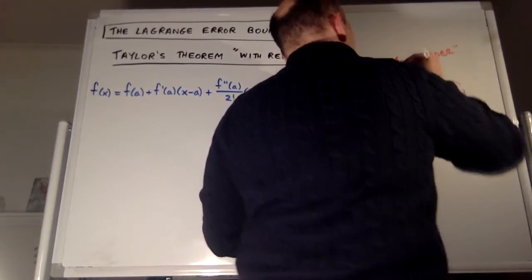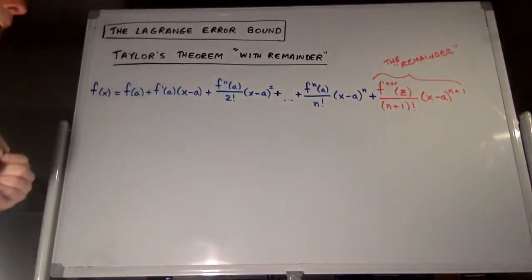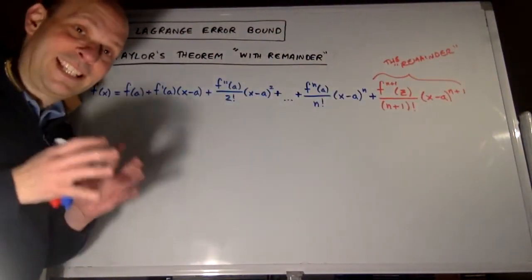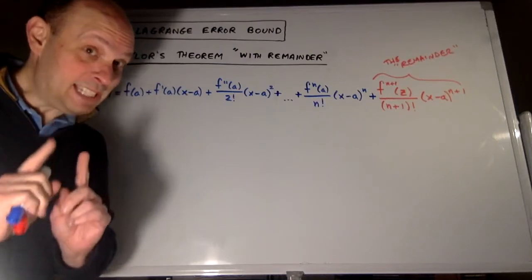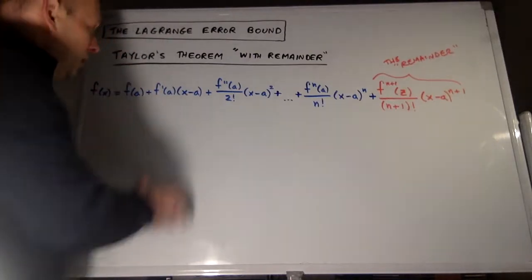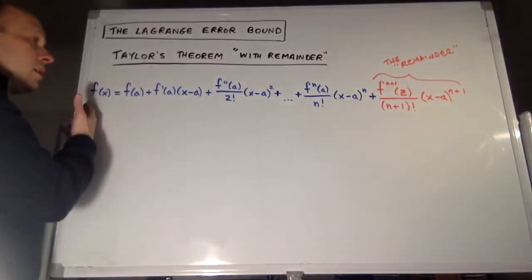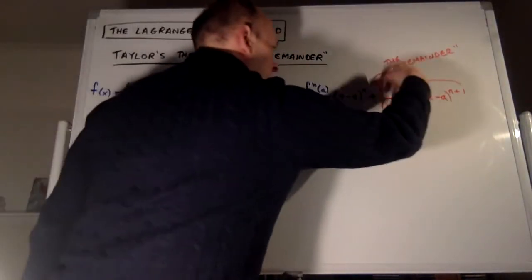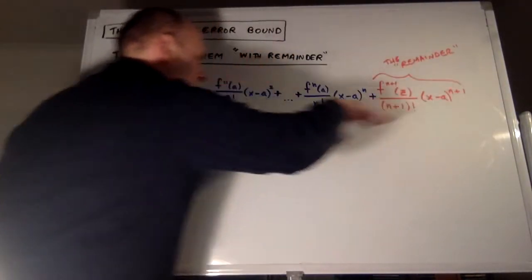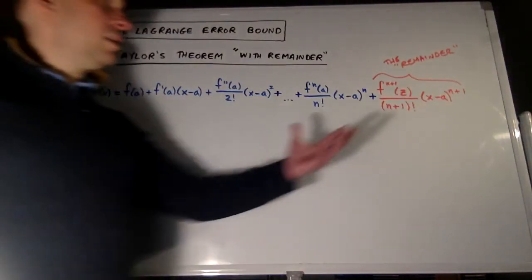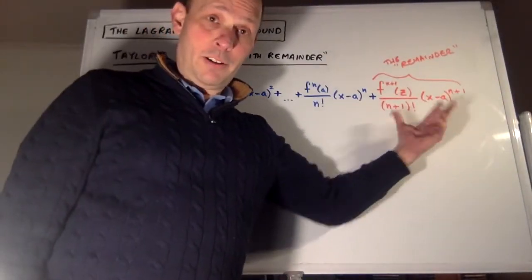But we can also think of it as the exact error, right? Notice the exact error, because let's say we go 6 terms in, right? We know we're not equal to this, but if I add this mystery remainder over here, then I will be equal to this. So this is our exact error.